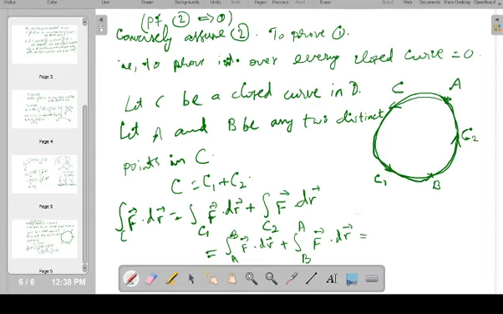So this is equal to the integral A to B f dot dr minus the integral B to A f dot dr, which is minus the integral A to B f dot dr. So this is equal to 0, and this is what we wanted to prove. So the integral over every closed curve is equal to 0. Hope you understood the proof. Thank you.